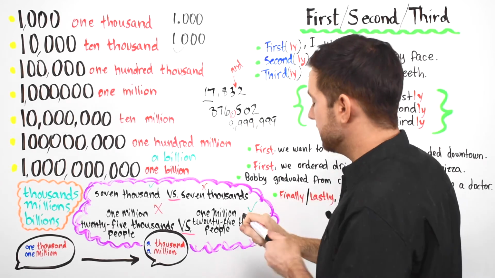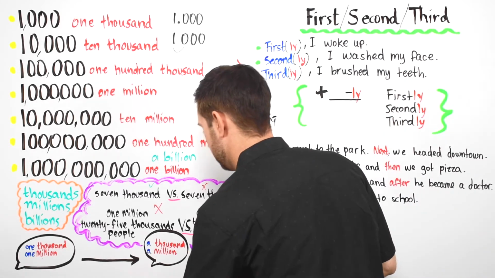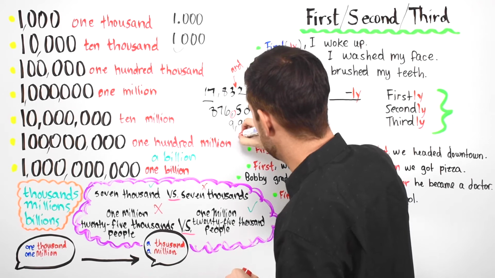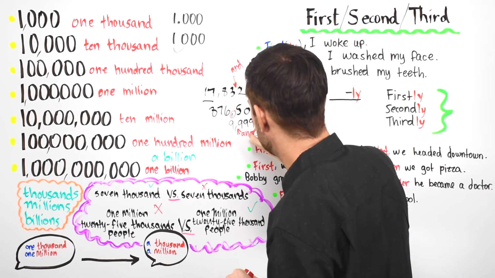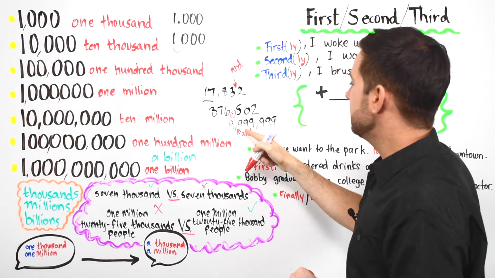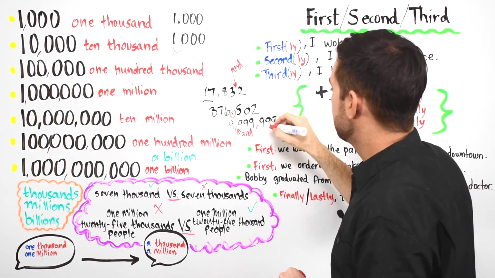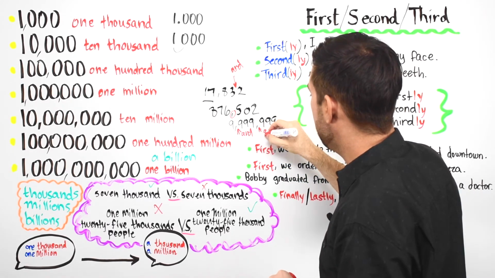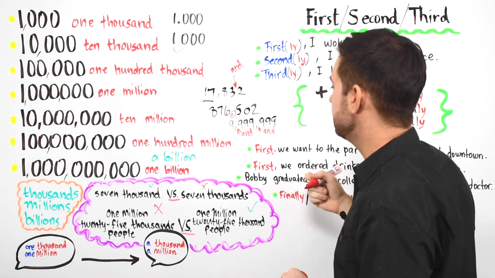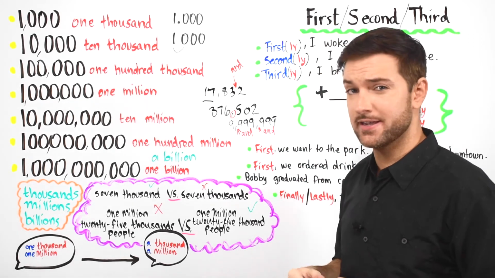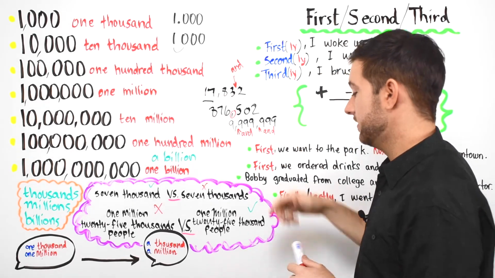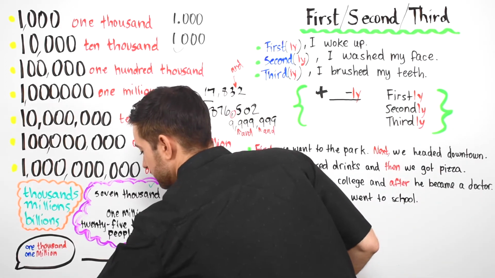You could say 9 million and, okay, if you want, you could put the and right there. 9,999,000 and 999. Okay, so you can say it like that. Put and where the comma is. But you can also say it like this.